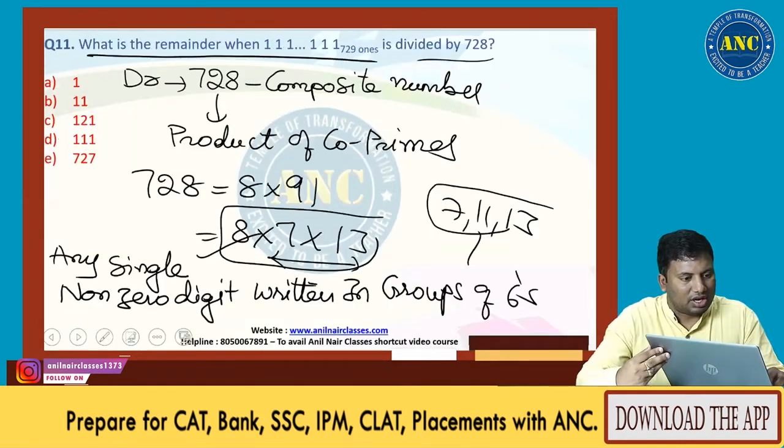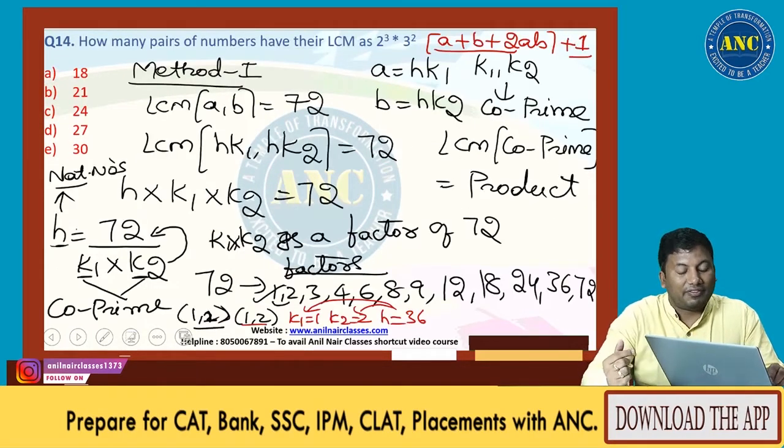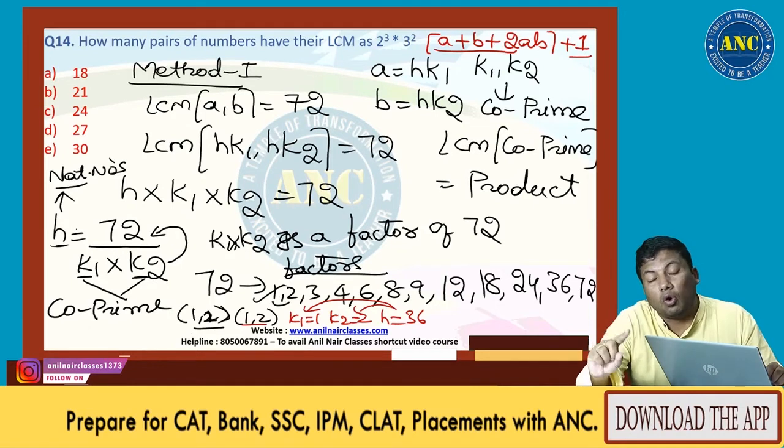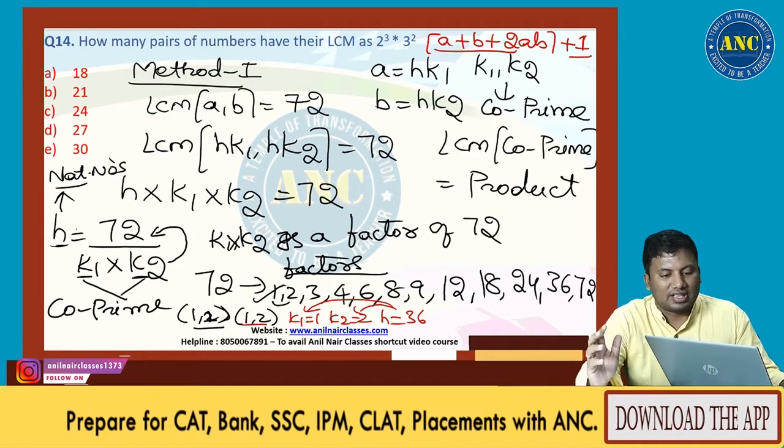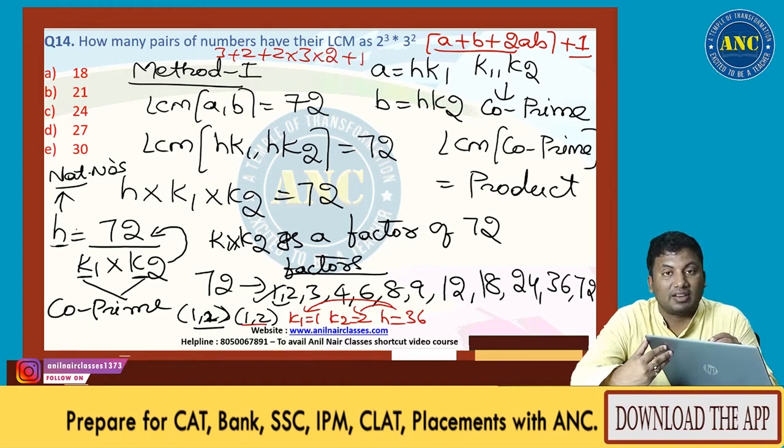So every pair of factors of 72 which are co-prime to each other will also satisfy. So the answer for this question is 3 plus 2 plus 2 into 3 into 2 plus 1. So 3 plus 2 is 5, 5 plus 12 is 17, 17 plus 1 is 18.